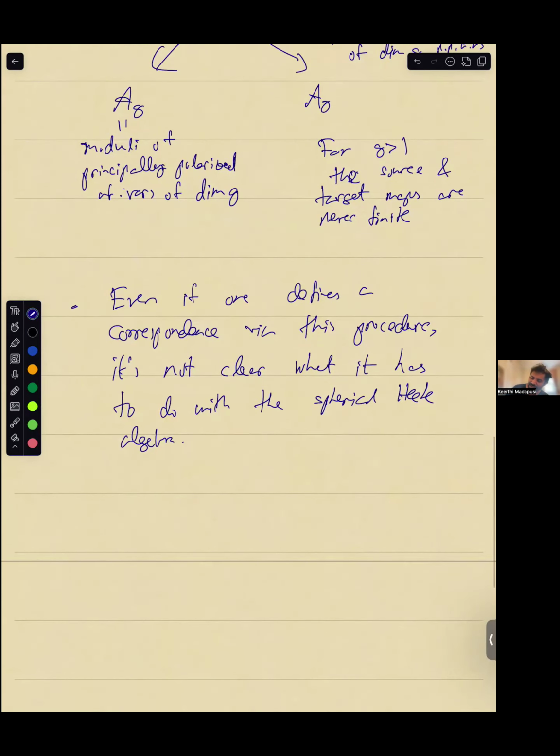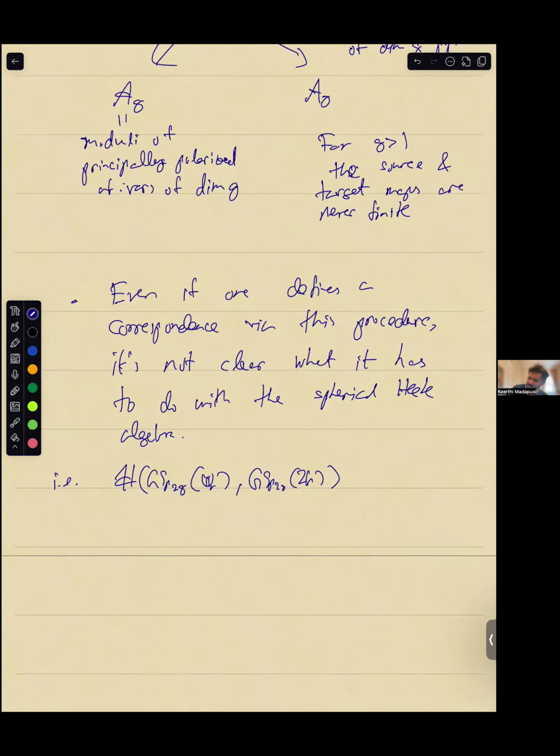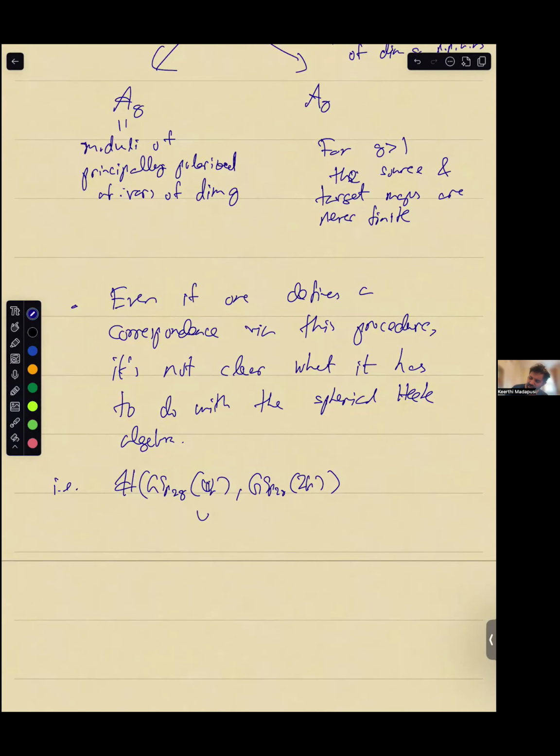What I mean by this is that, for example, if the group that's relevant to this situation is something like GSp_2g, then the Hecke algebra of GSp_2g, by the Cartan decomposition, has generators indexed by the characteristic functions of cocharacters of the standard maximal torus of GSp_2g.